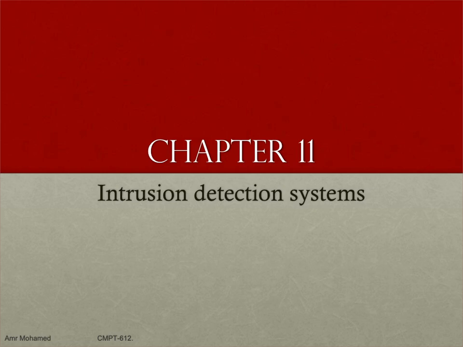But if you take the sequence of actions across multiple levels, then this sequence of actions may actually lead to a specific attack. Okay? So these intrusion detection systems first log all these activities and then analyze the logs.